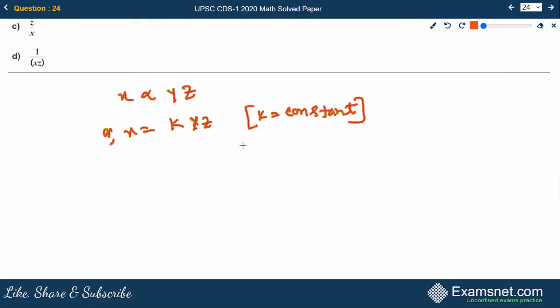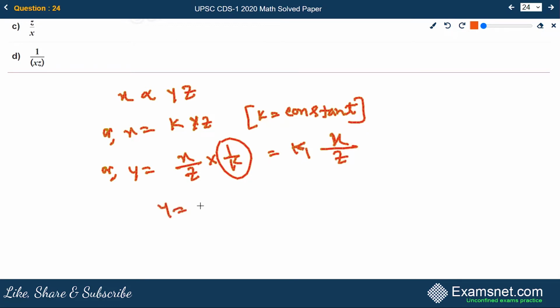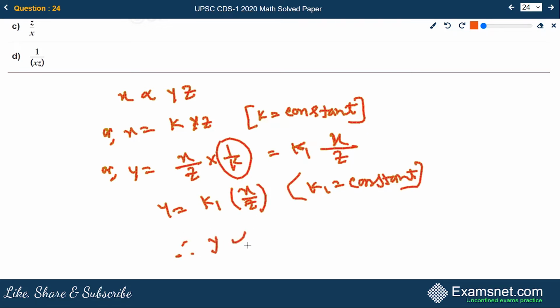Now further it can be written as y equals x by z times 1 by k. 1 by k is another constant, which can be represented as k1. So y equals k1 multiplied by x by z, where k1 is a constant. Therefore we can write y varies as x by z here.